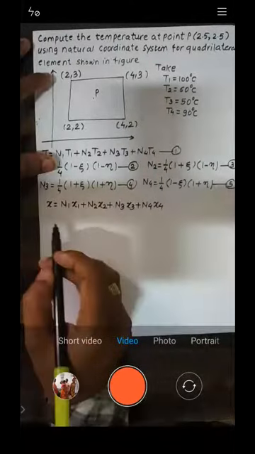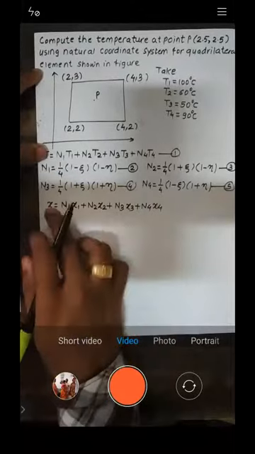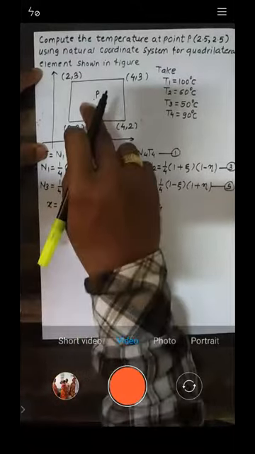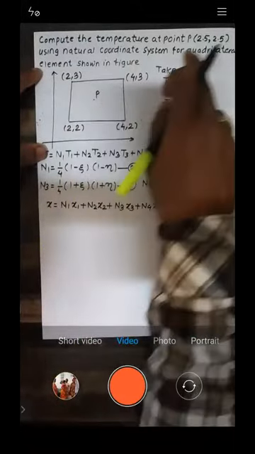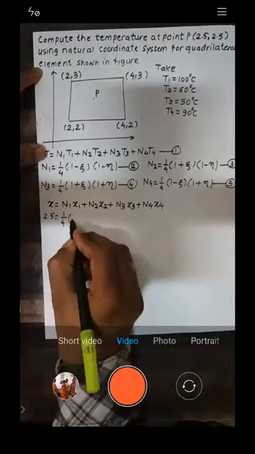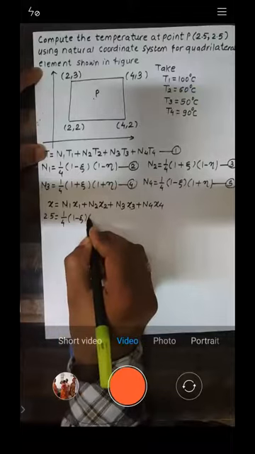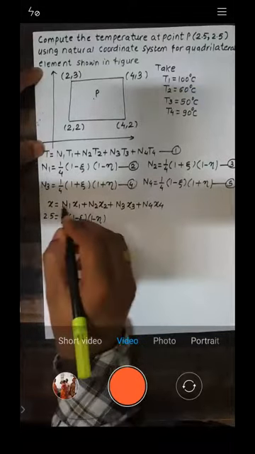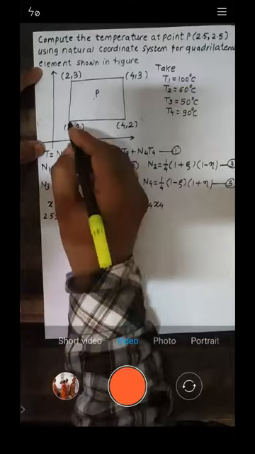So what is the x coordinate of point P? It's 2.5. X coordinate of point P is 2.5. N1 is 1 by 4, 1 minus zeta, 1 minus neta. This is N1 into X1. What is X1? It's 2, right?